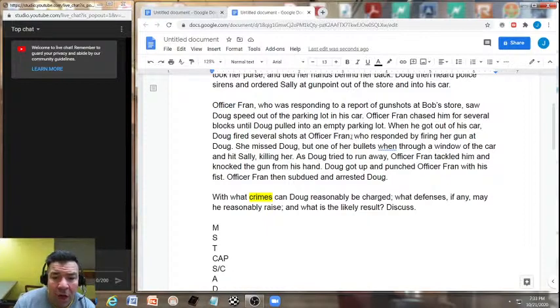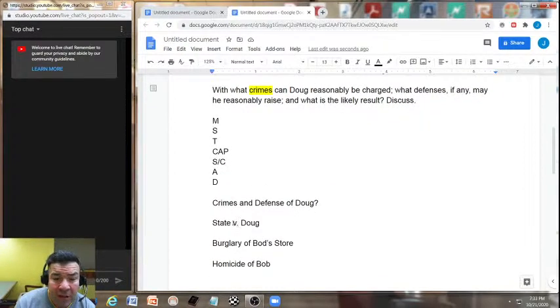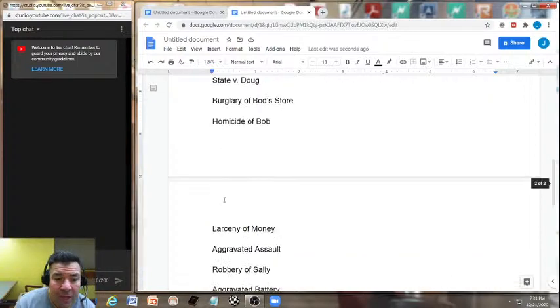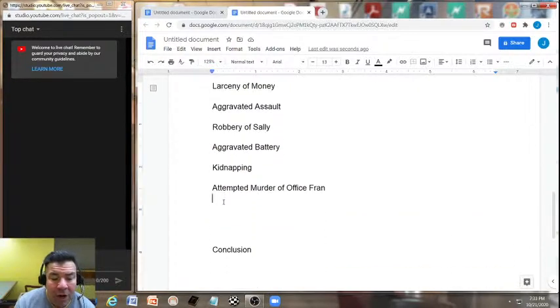Now, this Officer Fran responded by firing her gun at Doug. This is a very interesting aspect because remember, one of our shopping list topics is defenses. At this point, we don't want to forget to raise self-defense.